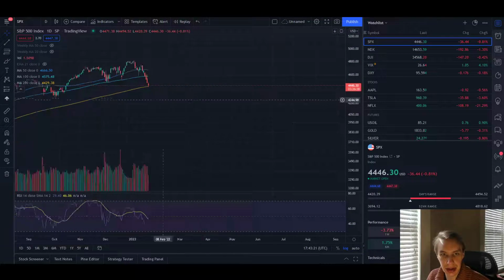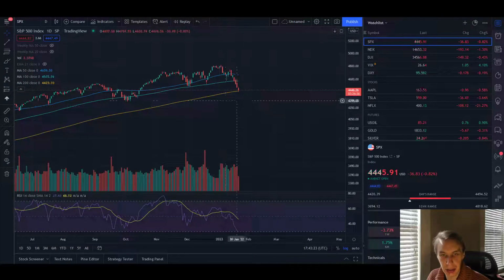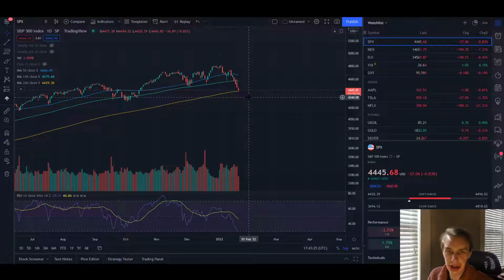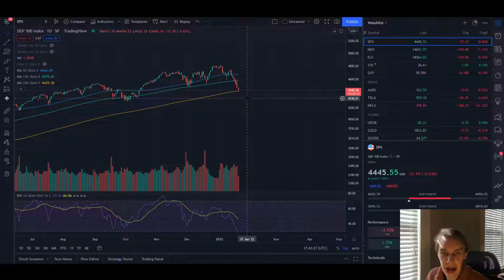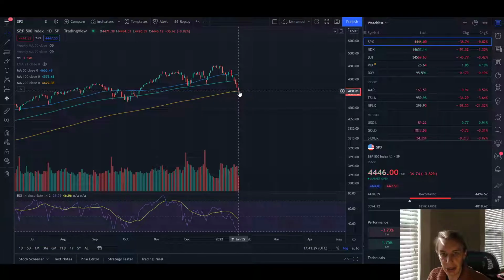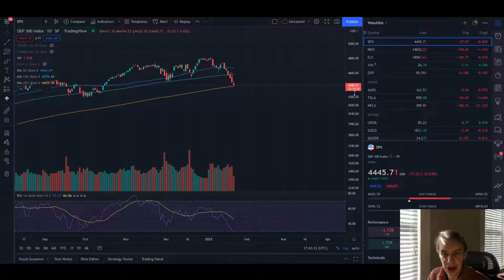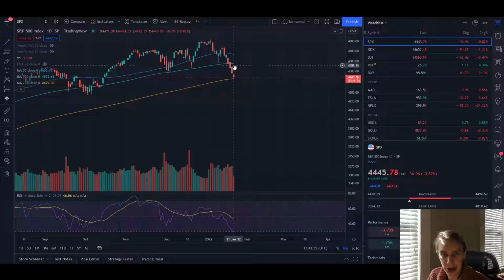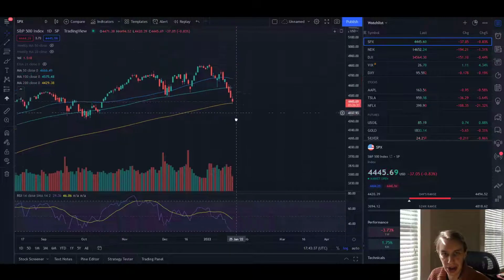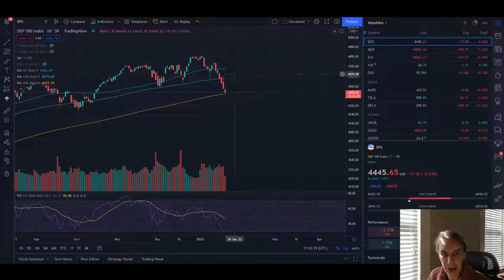So this is a potentially important level, a line in the sand determining whether a more bullish or bearish outlook is reasonable. So far, the S&P 500 has not broken below that, so at least as long as we stay above it, maybe that's going to allow for some support that lets us ultimately continue moving back to the upside.